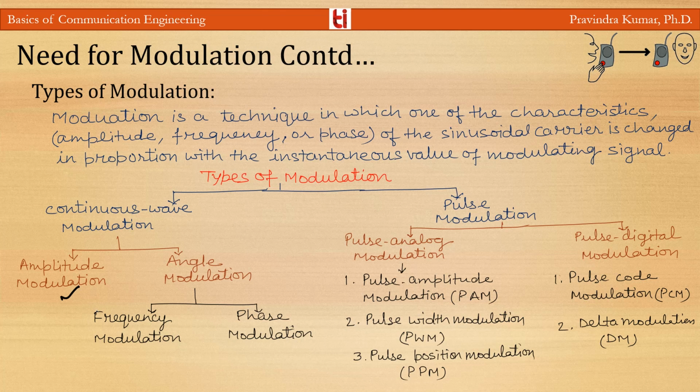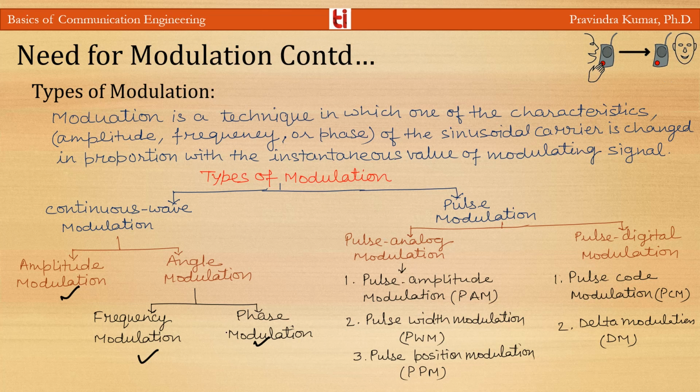And if the angle of the high frequency carrier wave is varied in accordance with the instantaneous amplitude of the baseband signal, keeping its amplitude and phase constant, then such a technique is known as frequency modulation. And if the phase of the high frequency carrier wave is varied in accordance with the instantaneous amplitude of the baseband signal, keeping amplitude and frequency constant, then this is known as phase modulation.